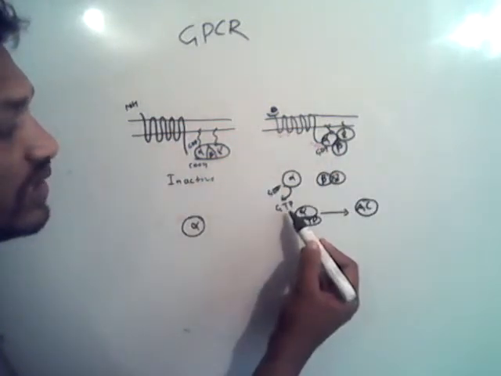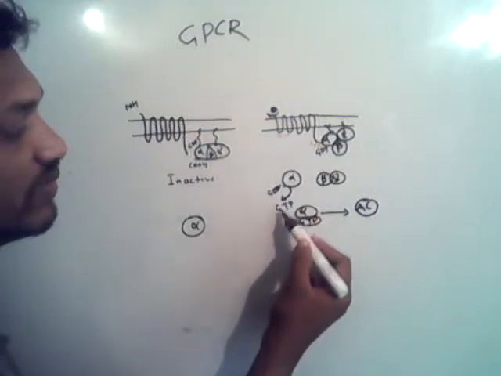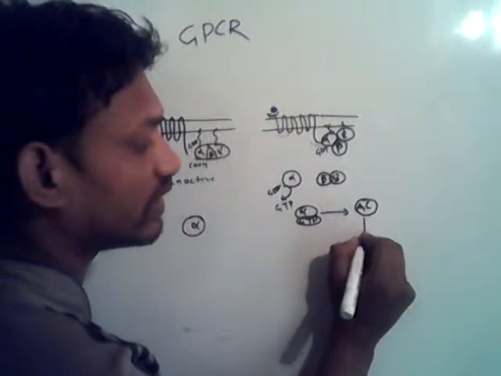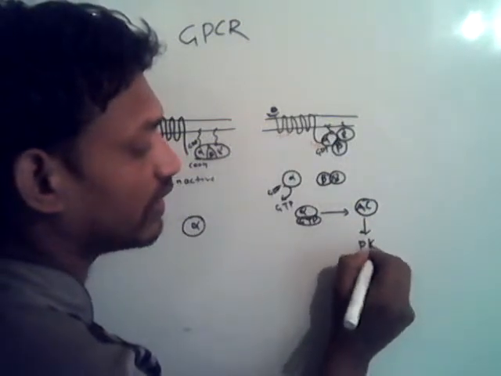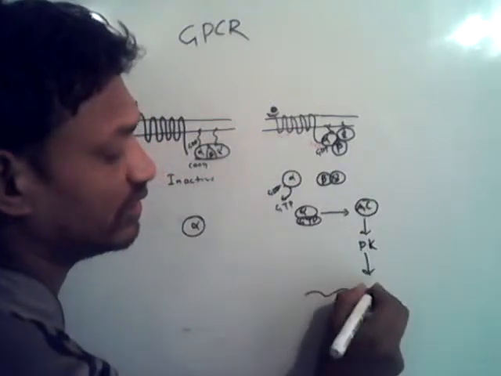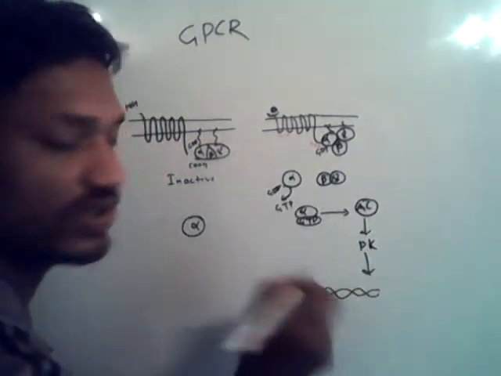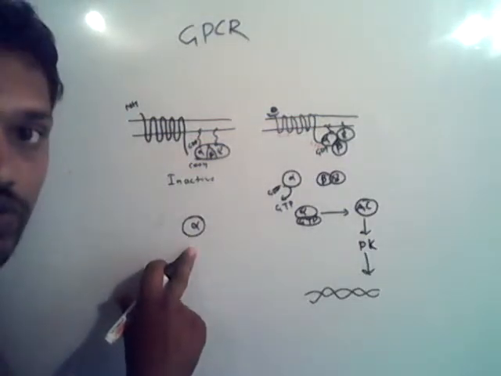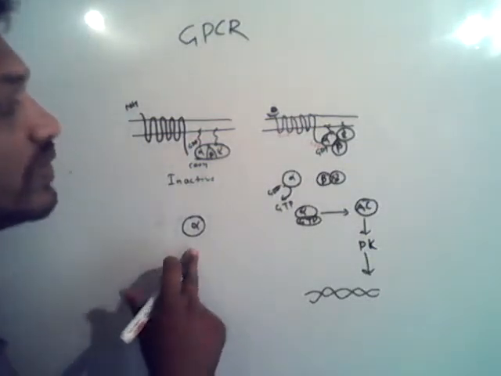After the conformational change, GDP is converted into GTP. Now the alpha goes to the adenylyl cyclase, which activates the protein kinase and induces gene transcription. In some cases, it depends upon which alpha protein is present.